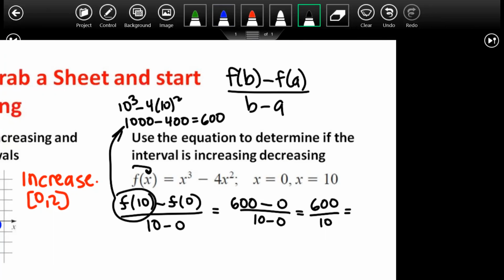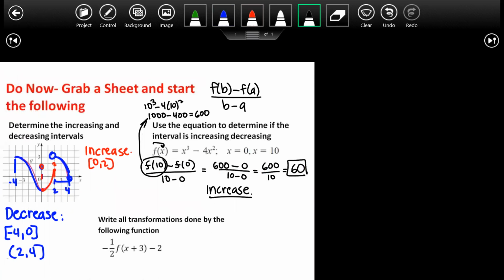You okay? So we're just plugging in. Right, f of 0, 0 times 0, 0 minus 0 is still 0. So I just kind of cut the corners on that one really bad. So no worries. This is going to give me 60. This is positive, so do I have increasing or decreasing? Increase. There's an increasing portion on the interval from 0 to 10.